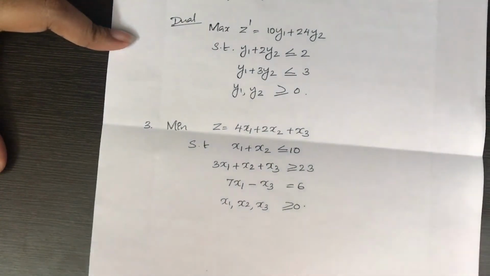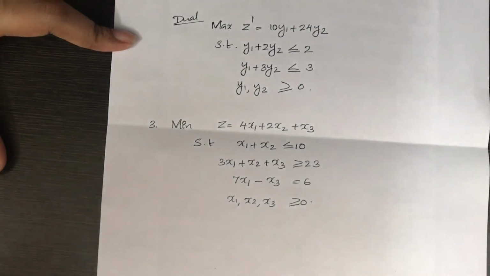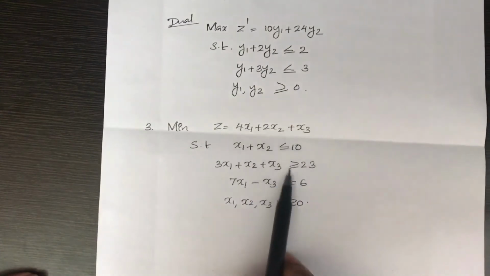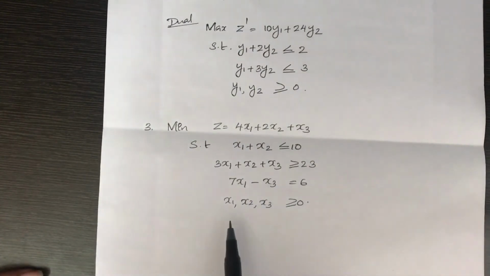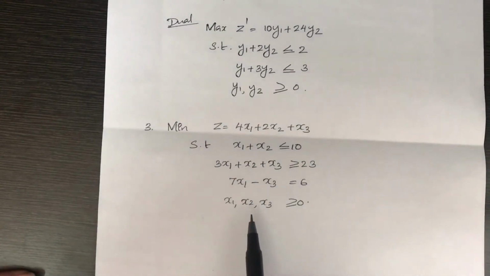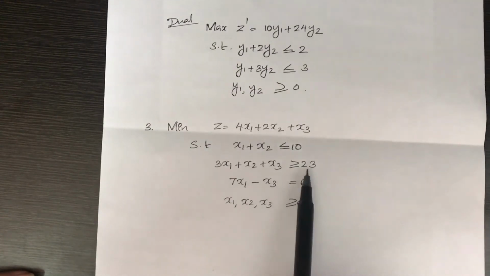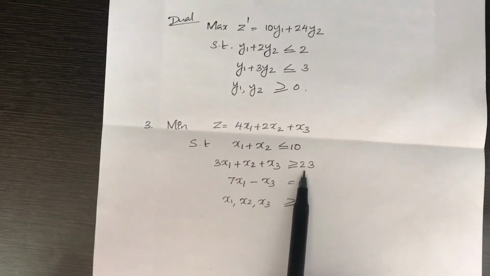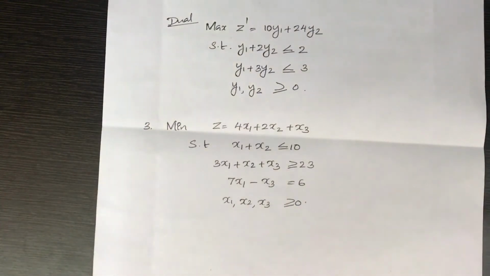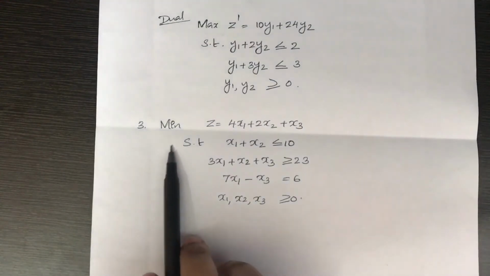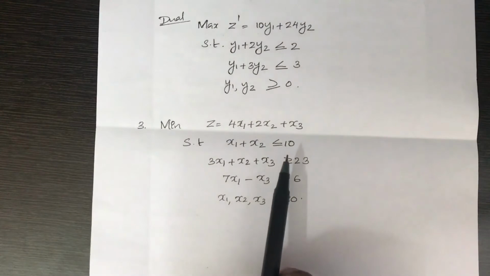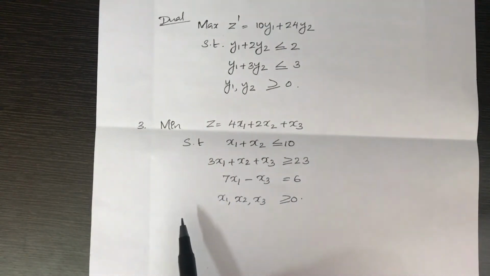So we need to make it in a canonical form. Since it is a minimization LPP, all constraints should be of greater than or equal to sign.